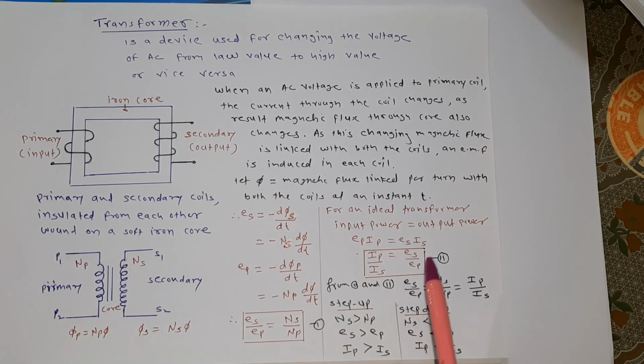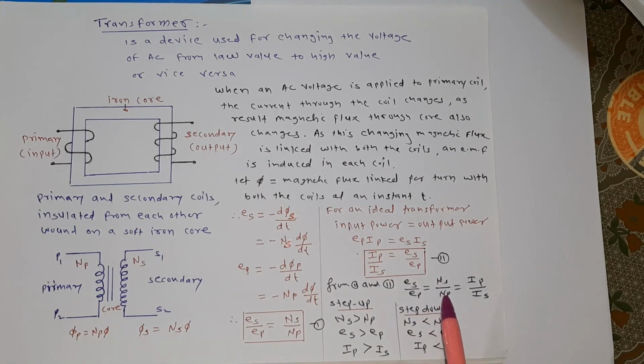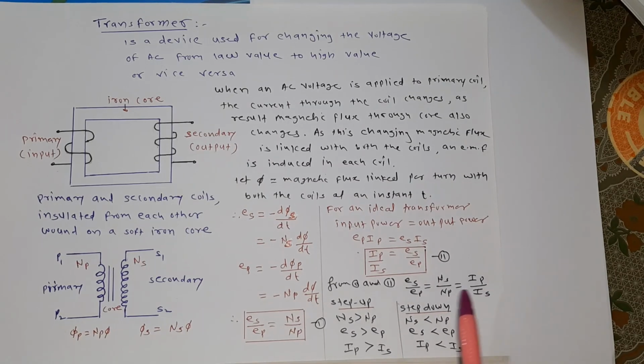So if I equate 1 and 2, Es upon Ep is equal to Ns upon Np, that is, EMF and number of turns are directly proportional. But Es upon Ep is also Ip upon Is. So EMF is directly proportional to the number of turns and inversely proportional to the current.